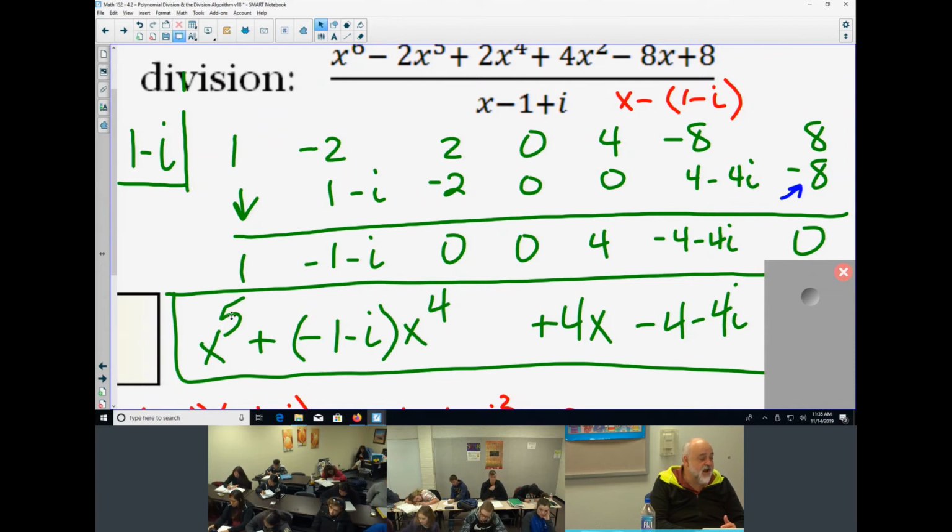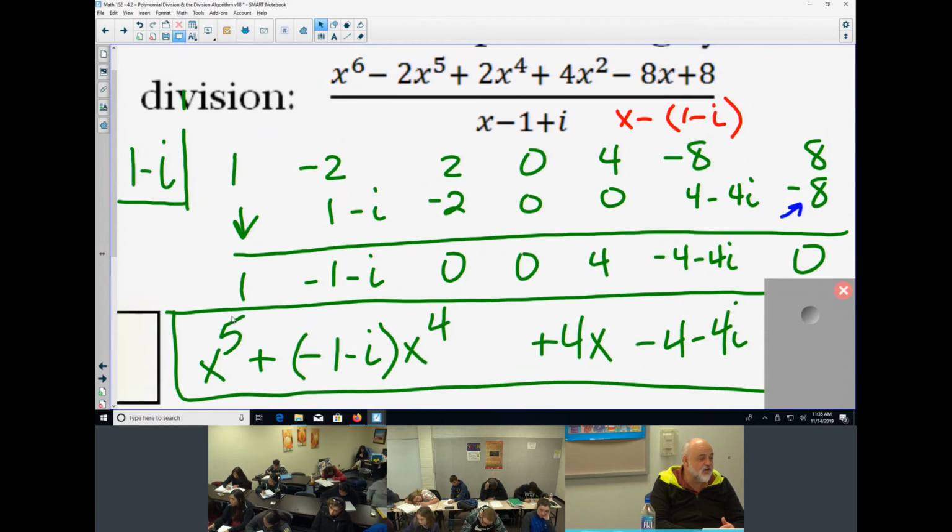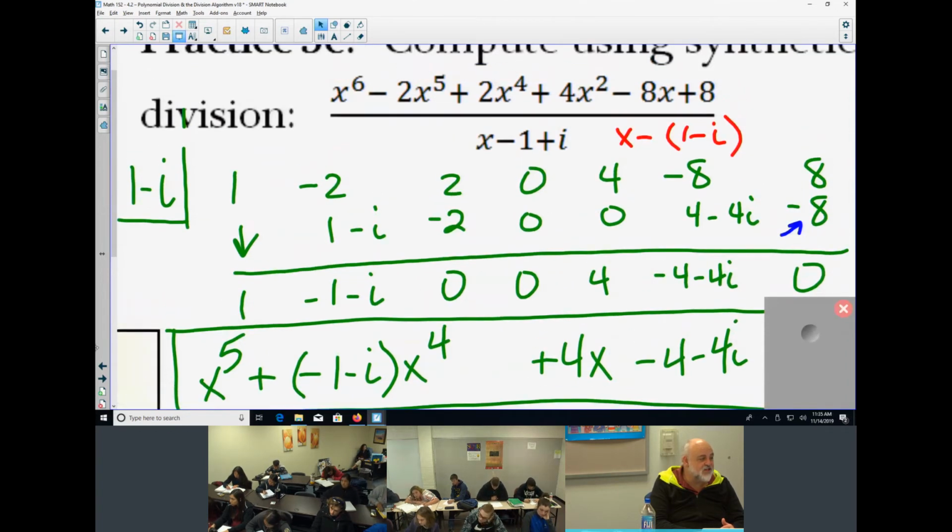And so remember our answer, the degree is 1 lower than, see, we started with x to the 6th. And so our answer starts with x to the 5th. All right? Any questions on that?